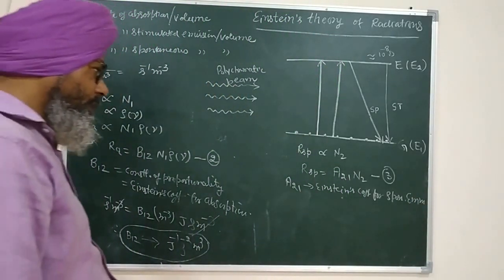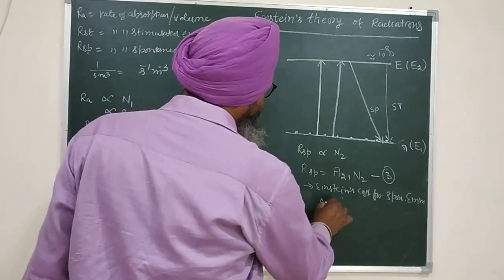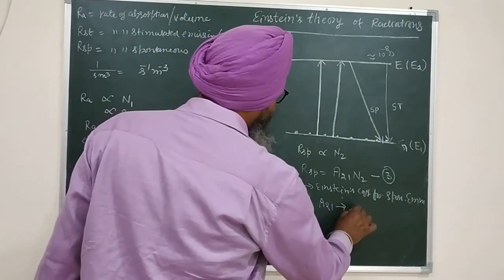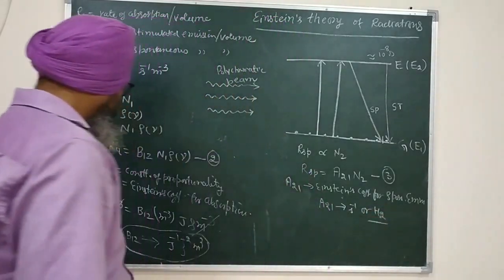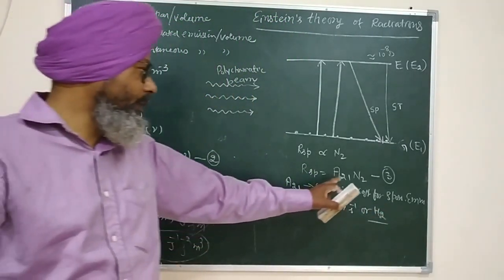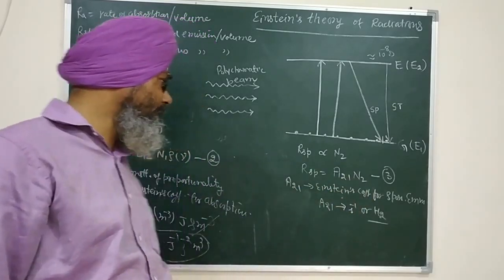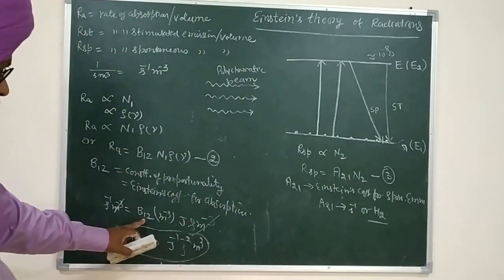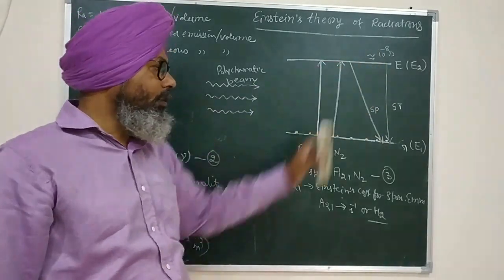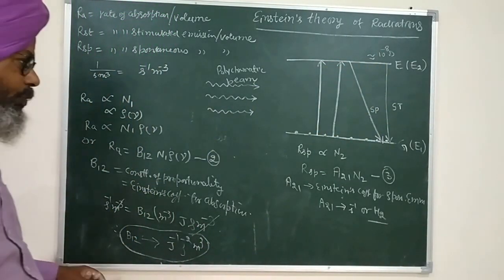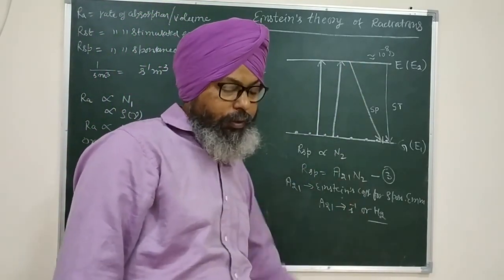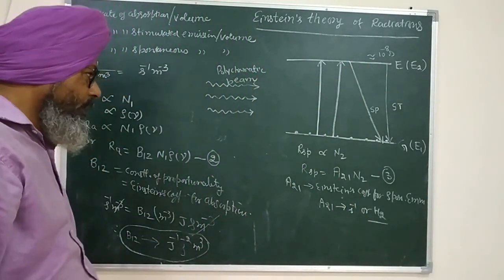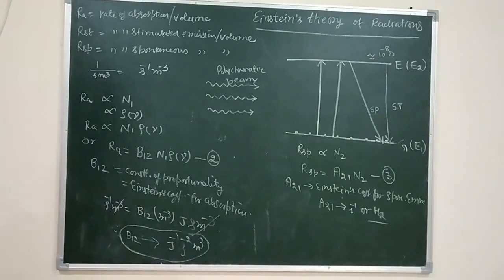It is easy to verify that the unit of A21 will be second inverse or hertz. Here I have written 1, 2 and here 2, 1, just to indicate that absorption is an upward process from E1 to E2, and emission is a downward process from E2 to E1.